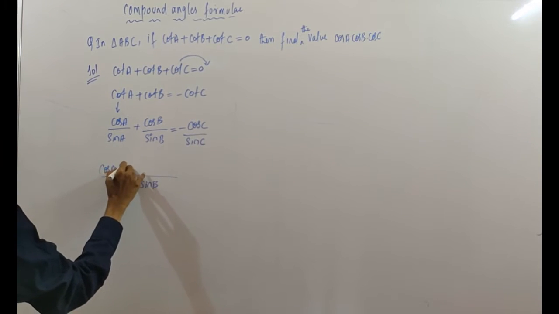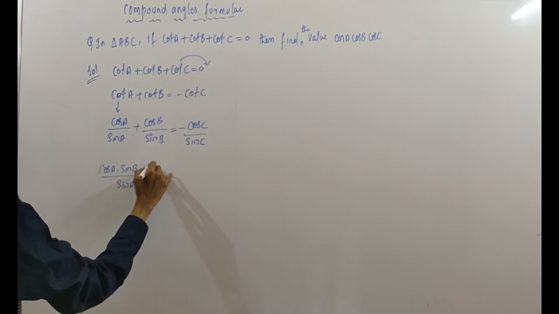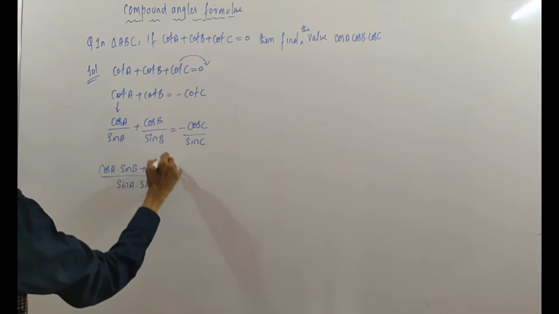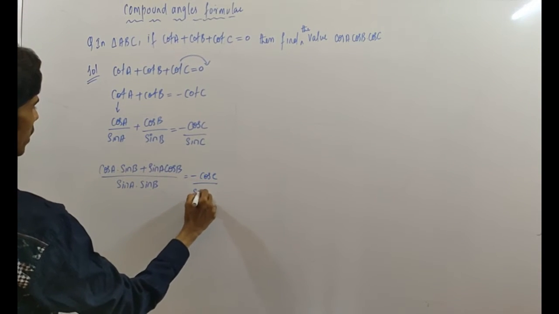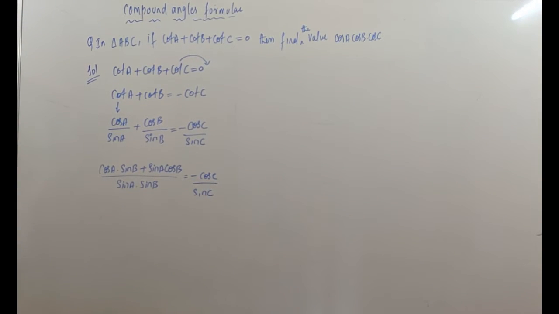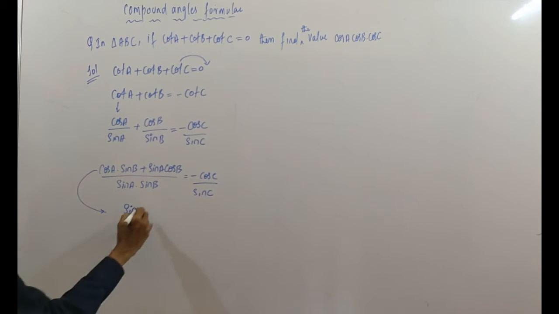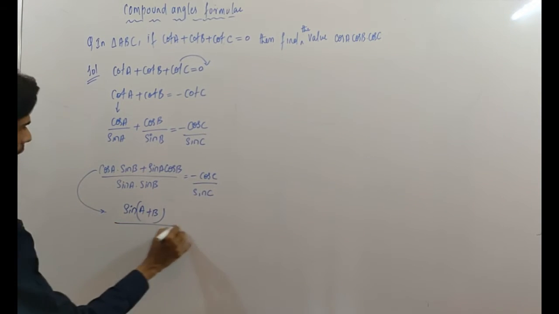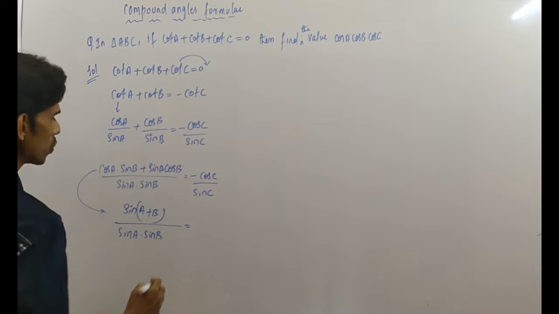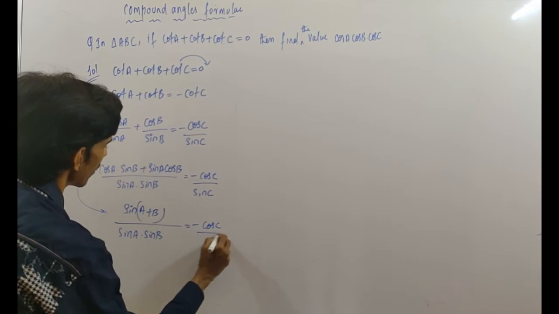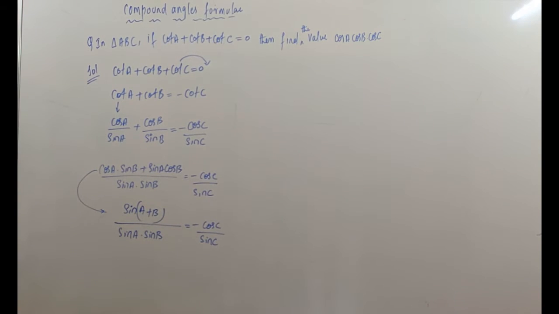Cos A into sin B plus sin A into cos B is equal to minus cos C divided by sin C. Now we have cos and sin opposite, so it will convert into sin A plus B divided by sin A sin B is equal to minus cos C divided by sin C.